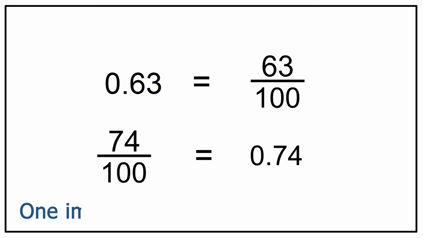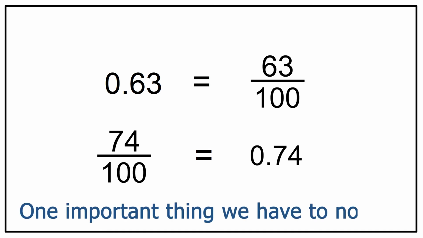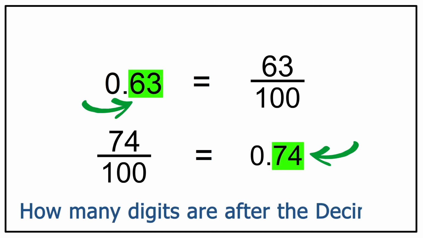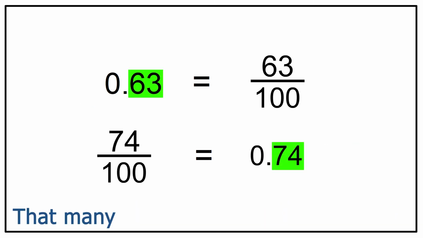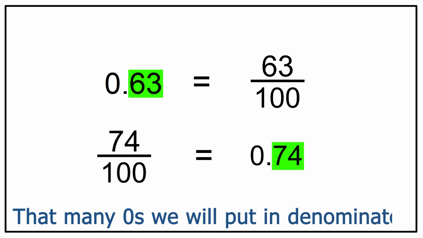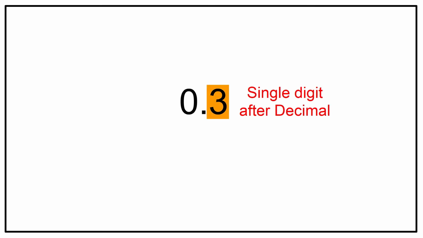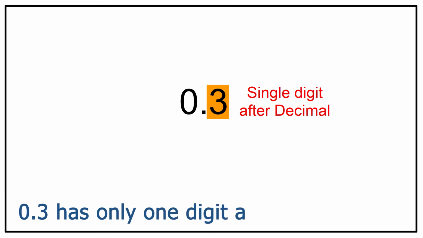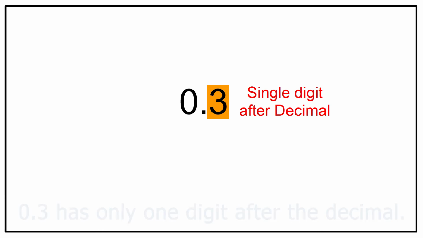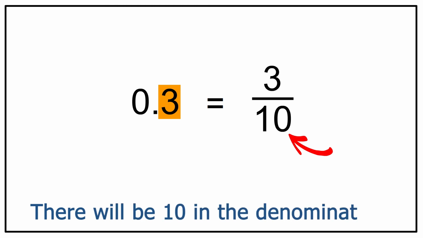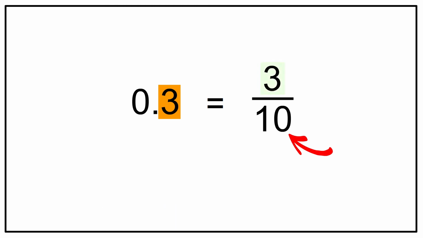Now the main point you need to note down is that you need to count how many digits there are after the decimal point, and that many zeros you need to put in the denominator when you are converting a decimal number to a fraction. If you have 0.3, it has just one decimal place after the decimal point, so you will have just 10 in your denominator when you convert this into fractional form. 3 remains the same.